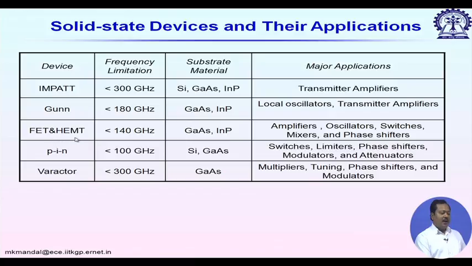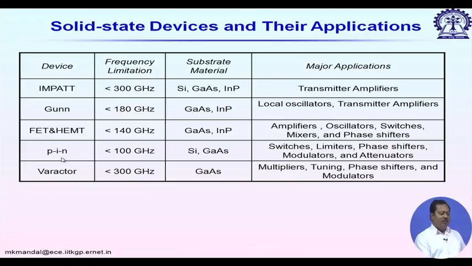Next, FET and HEMT, typically used below 140 gigahertz, again based on gallium arsenide and indium phosphide, and they are widely used in different types of amplifiers, oscillators, switches, mixers, phase shifters. So, different types of applications.